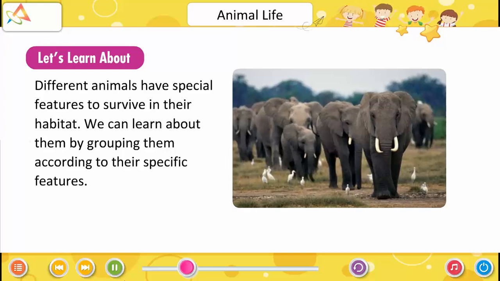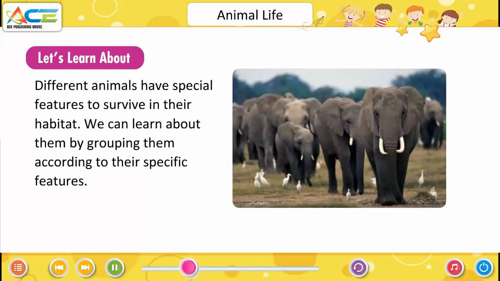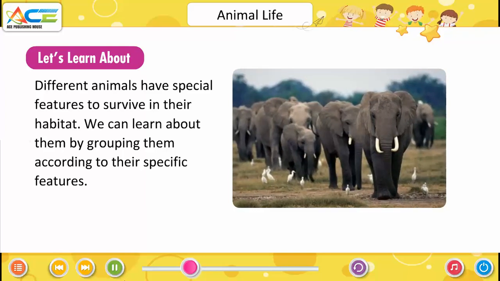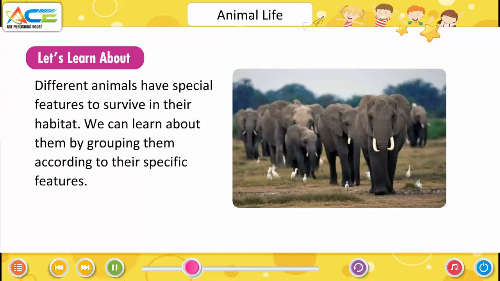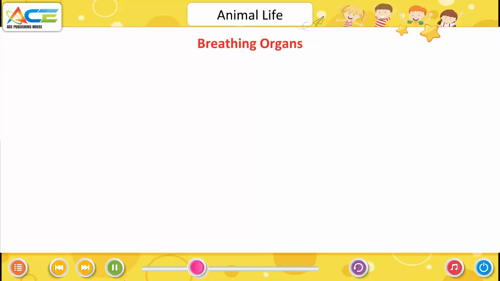Different animals have special features to survive in their habitat. We can learn about them by grouping them according to their specific features: arboreal animals, amphibians, aquatic animals, terrestrial animals, aerial animals.